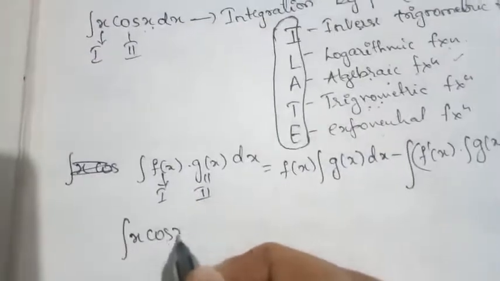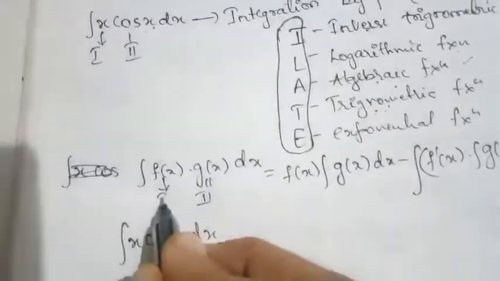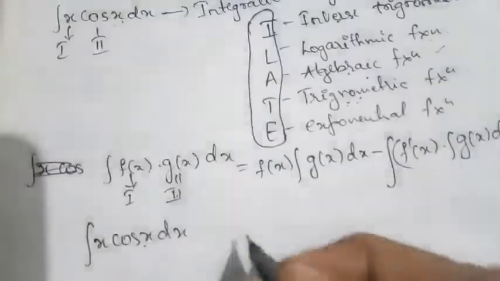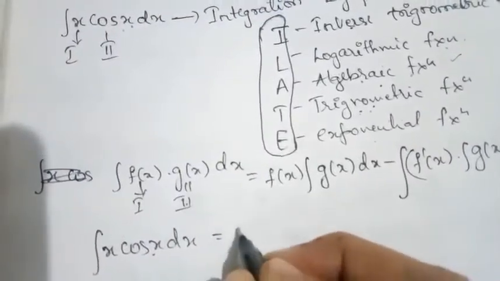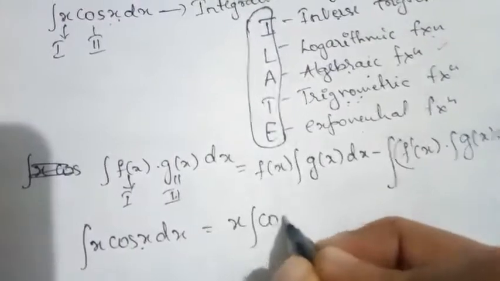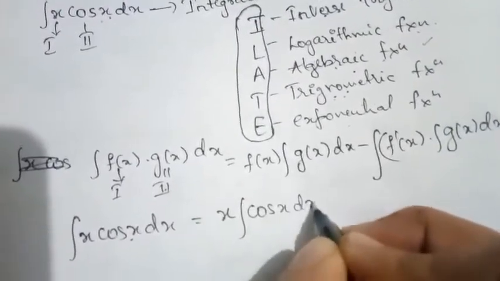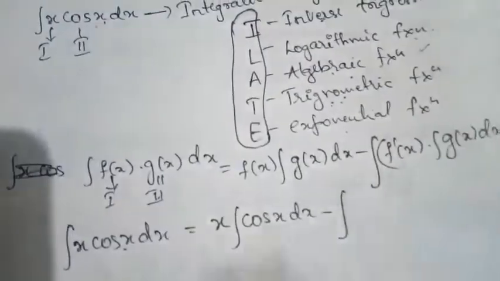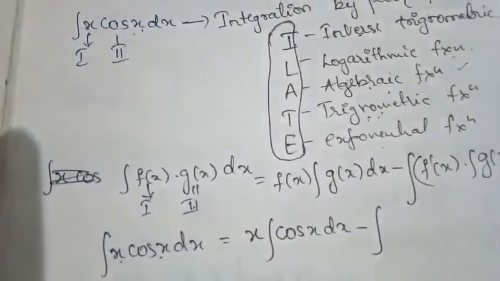x cos x dx. First function is x, second function is cos x. So first function as it is, integration of the second, integration of cos x dx, minus integration of the differentiation of x.